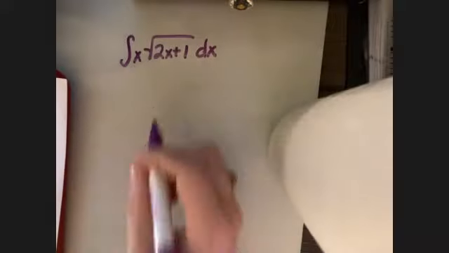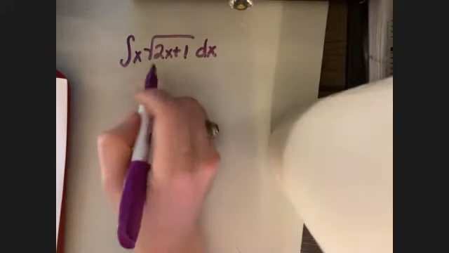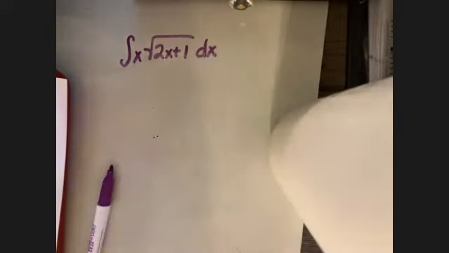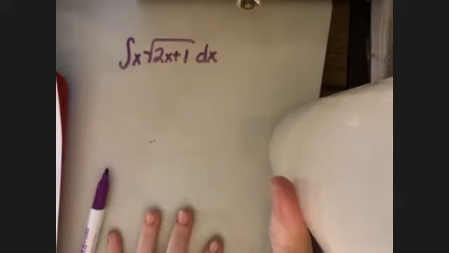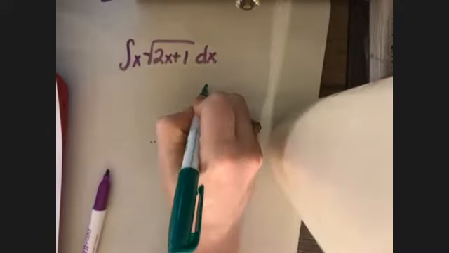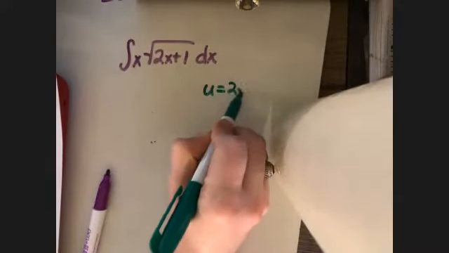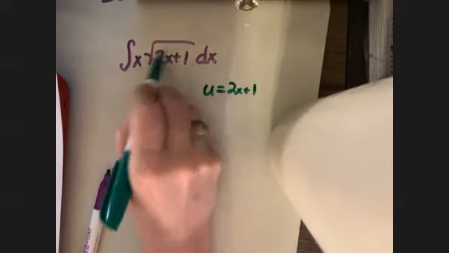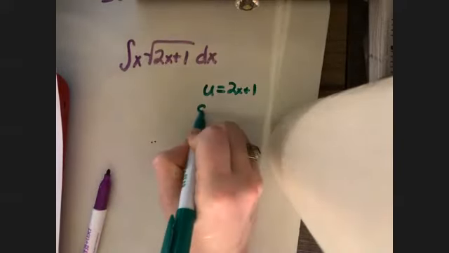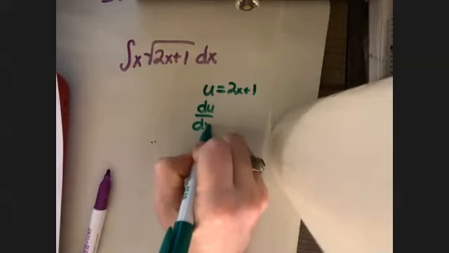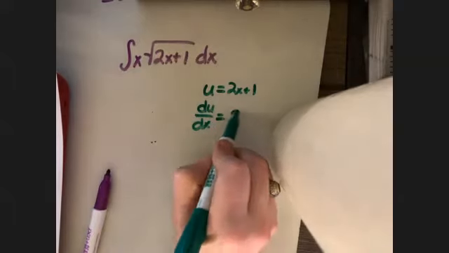Now, logic says, and guys, this one really is kind of lovely, u is going to be 2x plus 1. That would be this chunk underneath the square root. That means du dx is going to be 2.